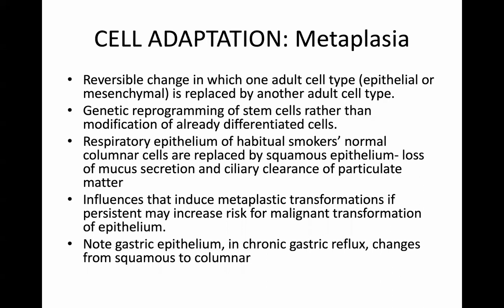Associated with decreased synthesis and increased proteolytic breakdown of cellular organelles. And metaplasia is change in phenotype of differentiated cells. And this is often a response to chronic irritation that makes cells better able to withstand stress.